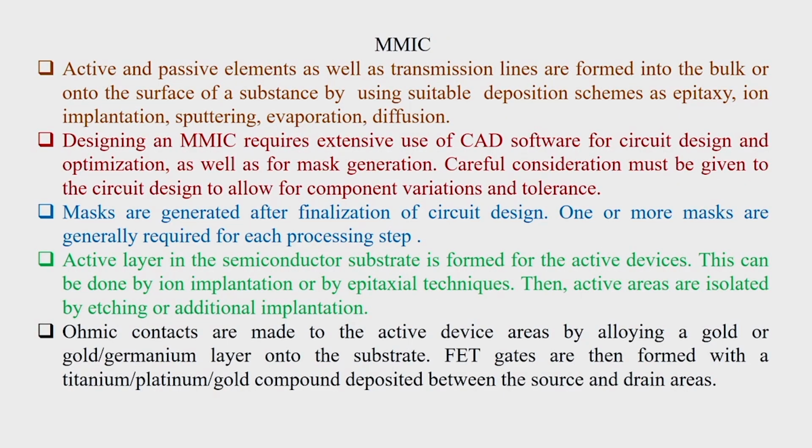Ohmic contacts are made to the active device areas by allowing a gold or gold aluminum layer into the substrate. Field effect transistor gates are then formed with titanium, platinum, gold compound deposited between the source and the drain areas.